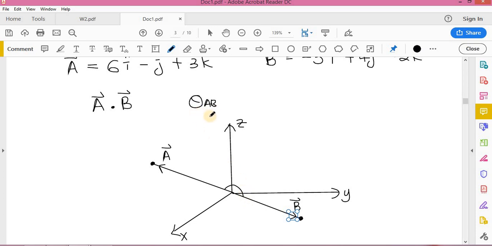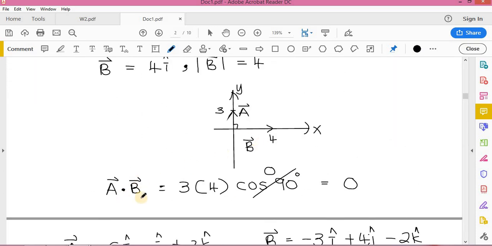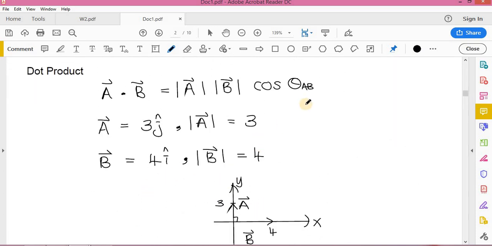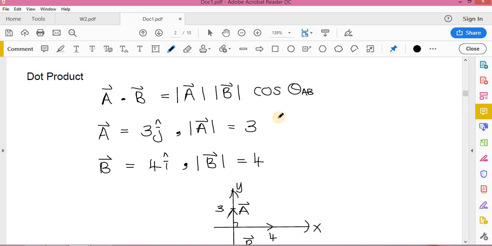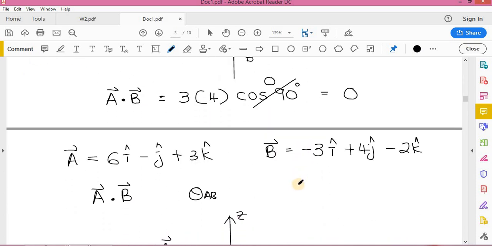So here appears another alternative for you to calculate the dot product. Besides using this one, we can also use the other formula to find the dot product for vectors, especially for complicated cases like this one.